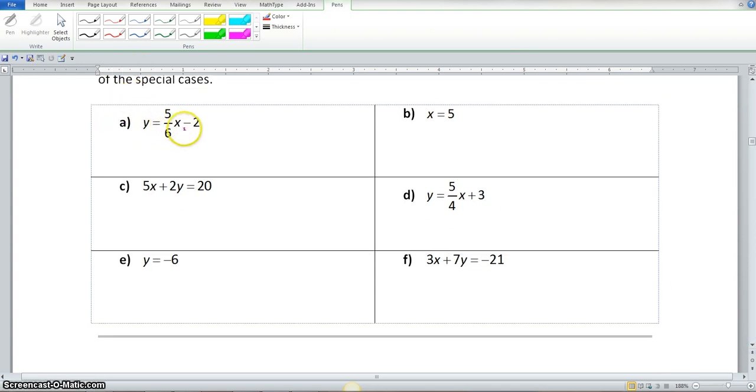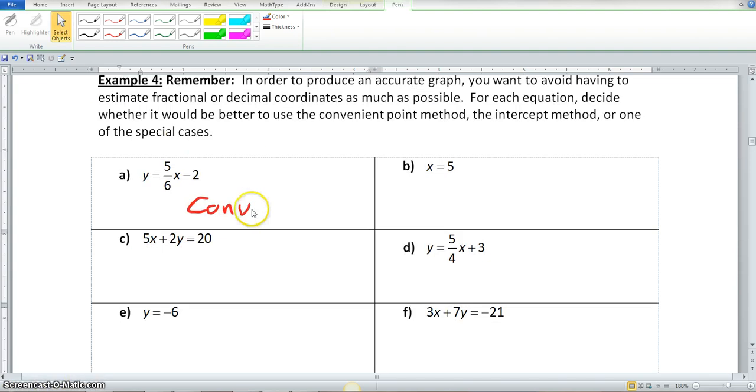We have y equals 5/6 x minus 2. Okay, now, since we have a fraction here next to our x, we will want to use the convenient method.